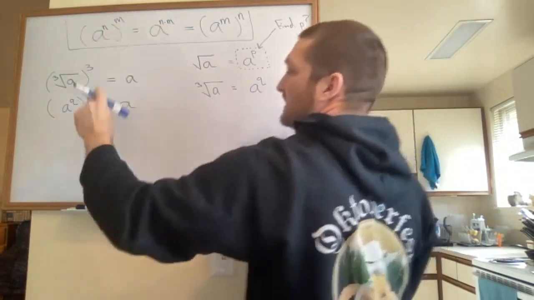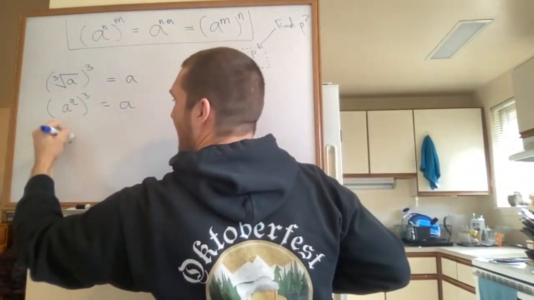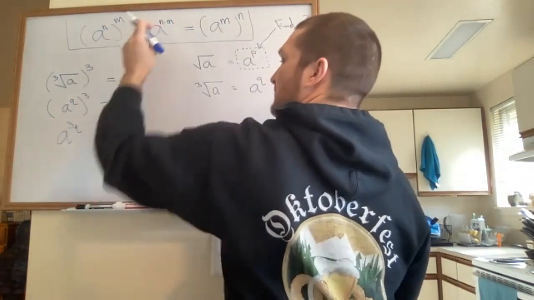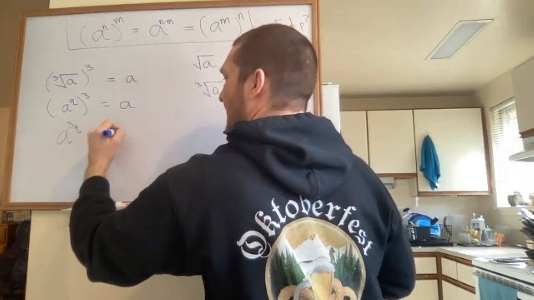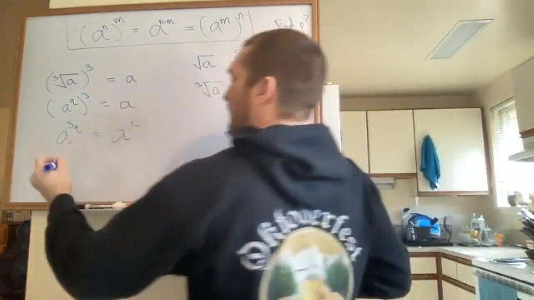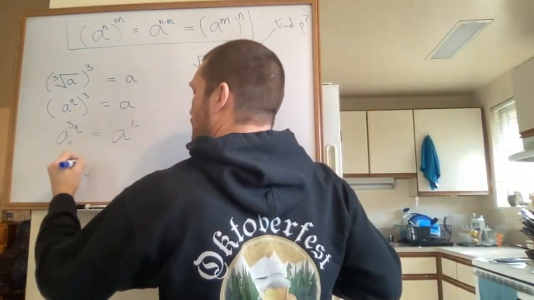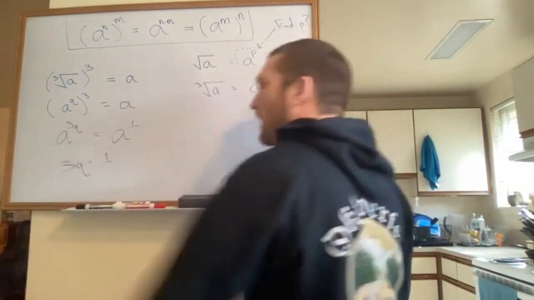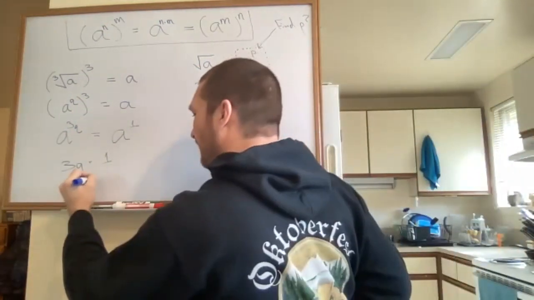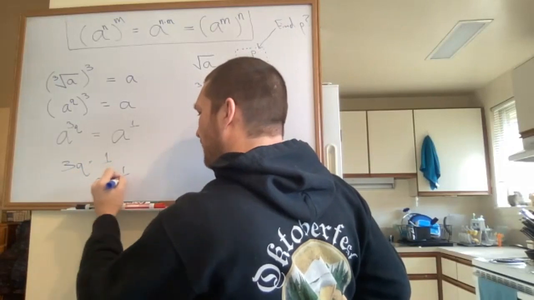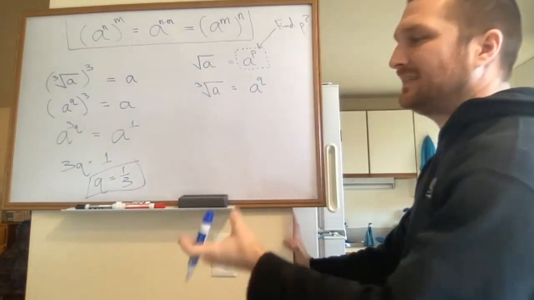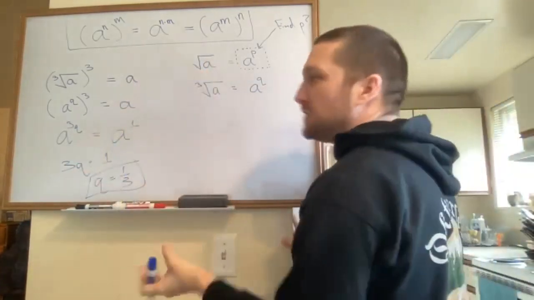This formula says this has to be a to the 3 times q, right? Multiply those together. So we have a to the 3q equals a to the first power. That implies that 3 times q has to equal 1. How do we solve for q? What does q have to equal? 1/3. And indeed, this is going to work for any root, right?